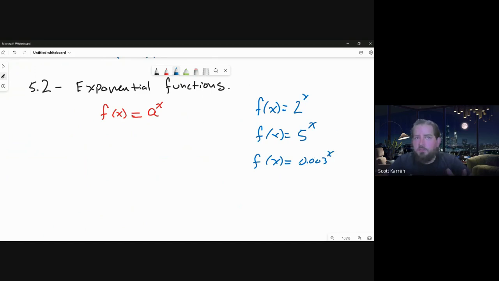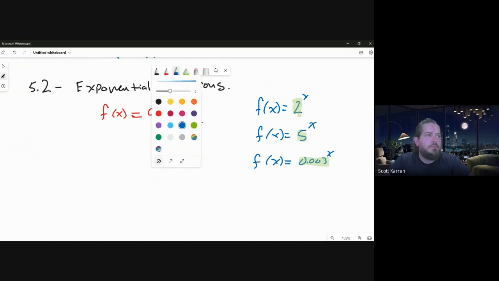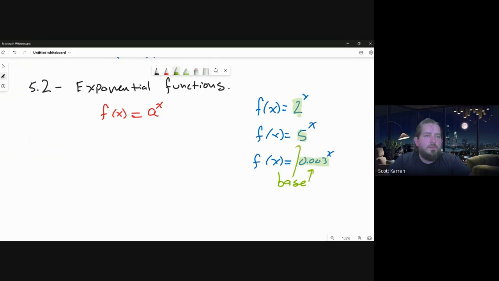It's just going to have some base power, right? So in this case, 2, 5, and 0.003 are called the base. And then the x is the exponent, which is why it's an exponential function, because the exponent is the variable.